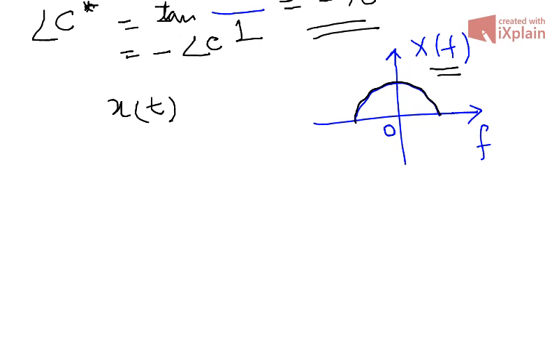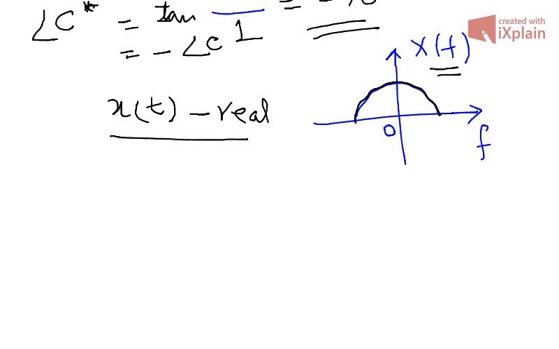If x of t is a real signal, and usually we have a real signal, your speech signal is just an example of a real time domain signal, you would see that it's a low pass signal.